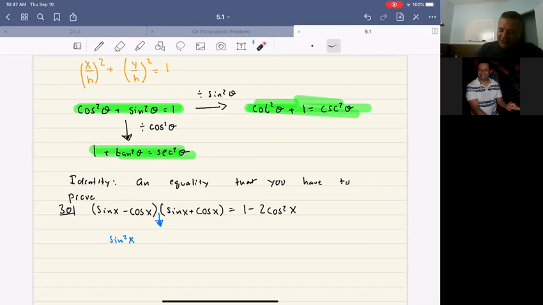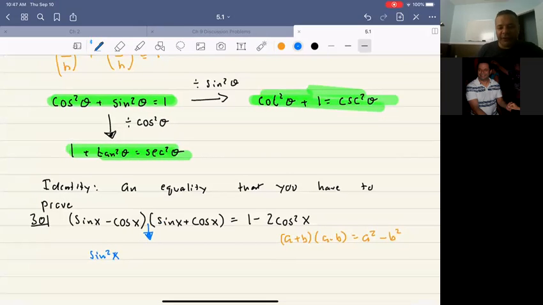Now this is actually a difference of two squares. It's just like a plus b times a minus b equaling a squared minus b squared. So the left-hand side here is going to be sine squared of x minus cosine squared of x.